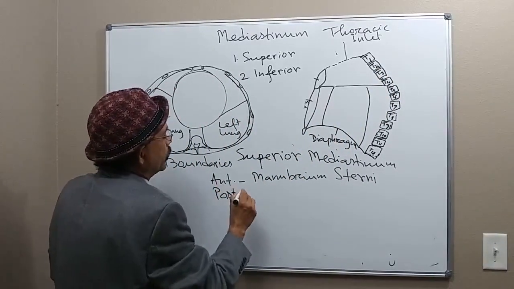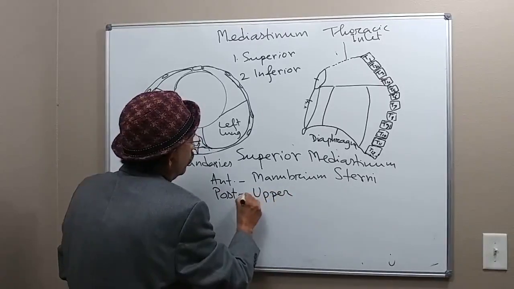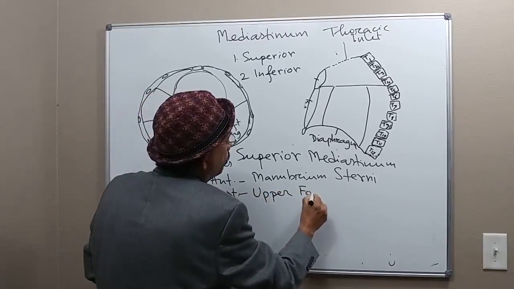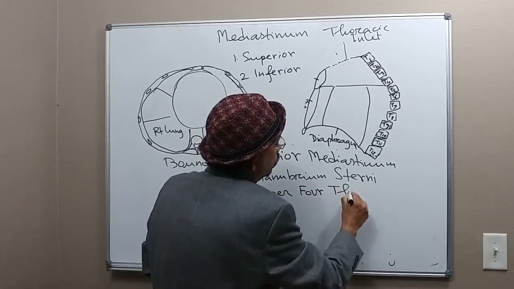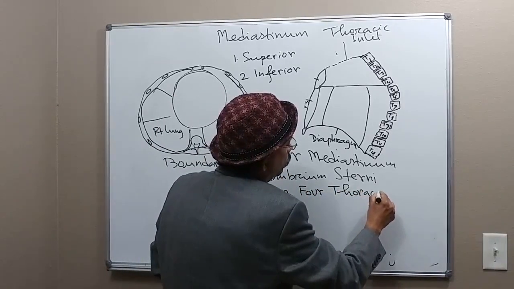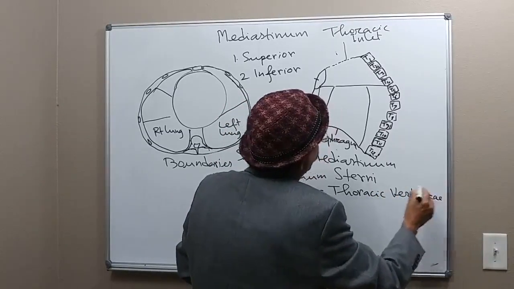Posteriorly it is bounded by the upper 4 thoracic vertebrae, T1, T2, T3, T4.